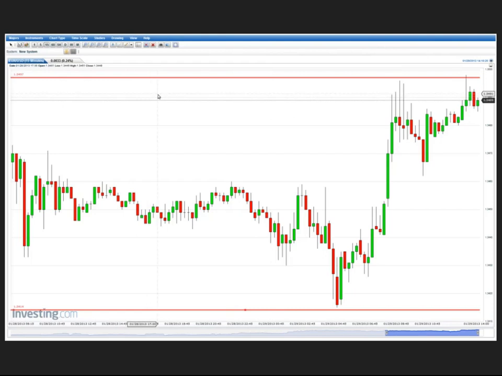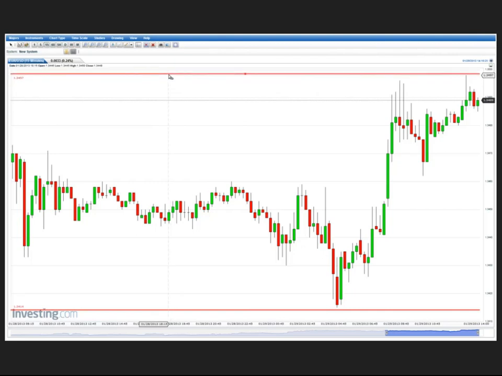The high was around 34.98. There it is, 34.98 is the high. We have a low down here of 34.14. So that's 84 pips, and as you can see, we pretty much stayed within this range of 80 pips.